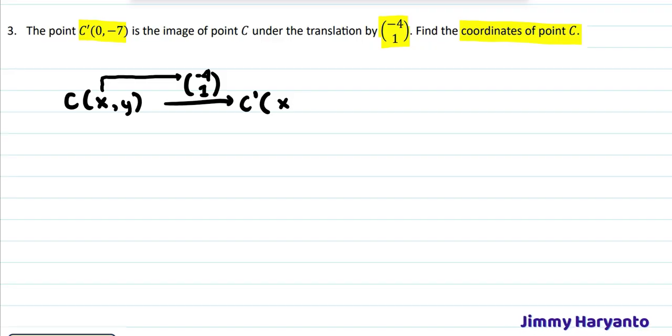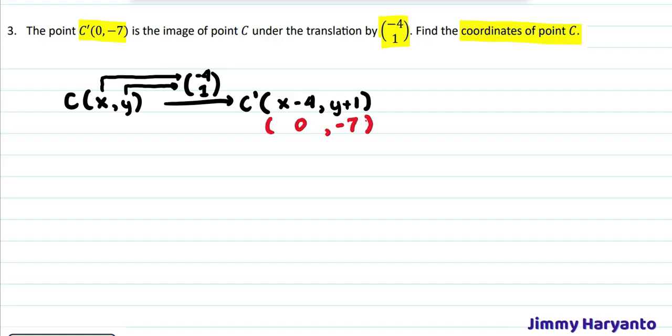Plus minus will become minus, so you don't have to write down plus and minus all together. And if we have y and it's translated by 1, the result will be y plus 1. This is our result, and remember that our result is 0, -7. The question already gives you the image of the point, right?